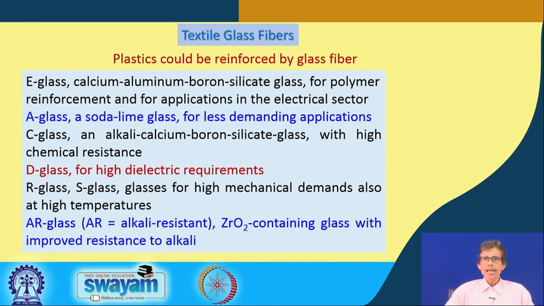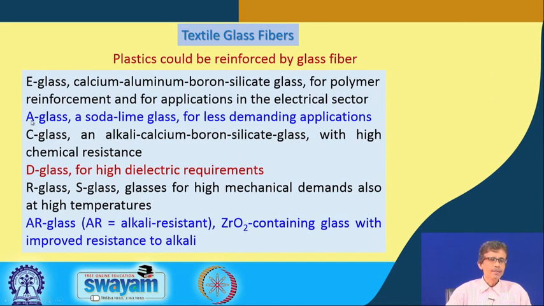Because if we have this glass material, we can have the insulation, that means the covering of the simple electrical wire, because we want to have the typical insulation of the electrical wire for high voltage transmission also. So, the electrical engineering industry can be very much dependent on this particular type of E-glass variety for its reinforcement in the polymer for coating of the wires.